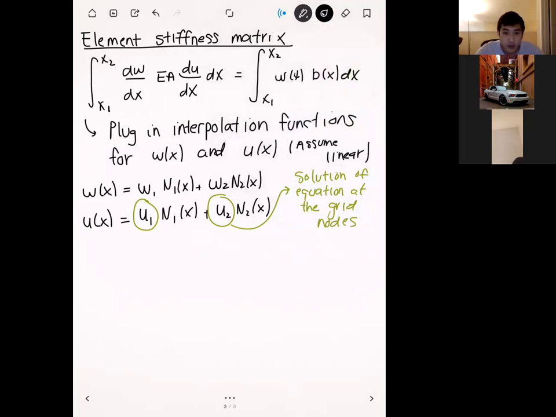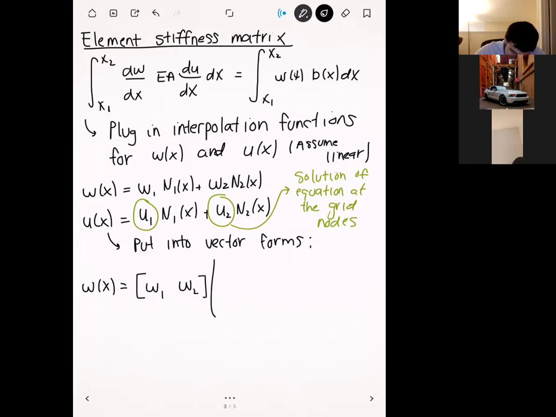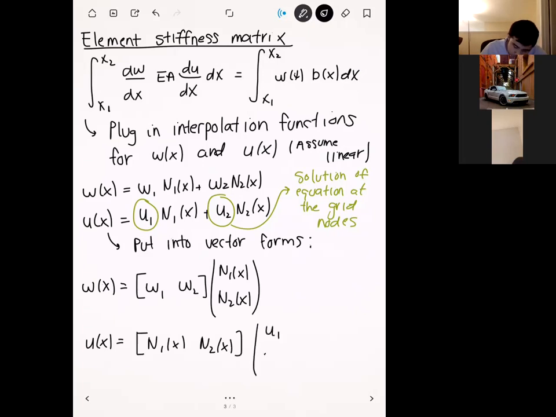Just like we did before, let me put these into vector form. For w(x), we're going to say this is the row vector w1, w2 times the column vector N1(x), N2(x). And then u(x) will be the row vector N1(x), N2(x) times the column vector u1, u2.